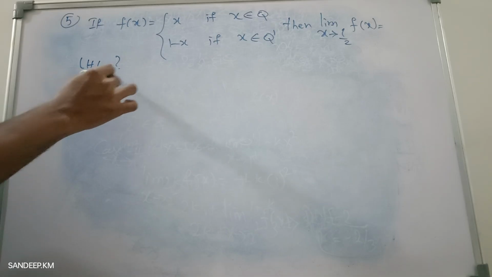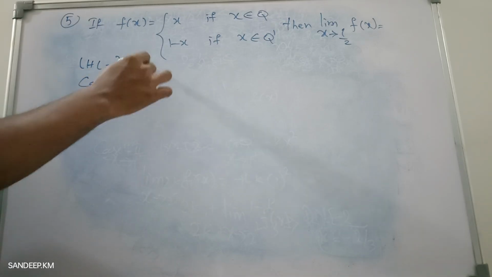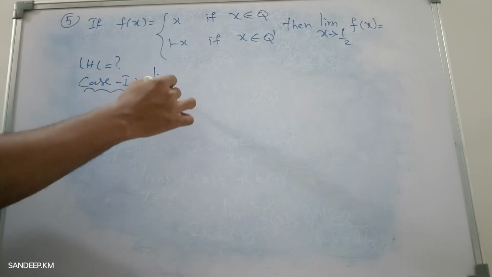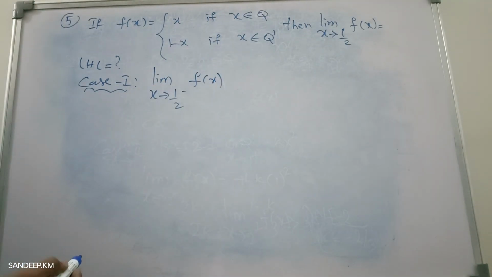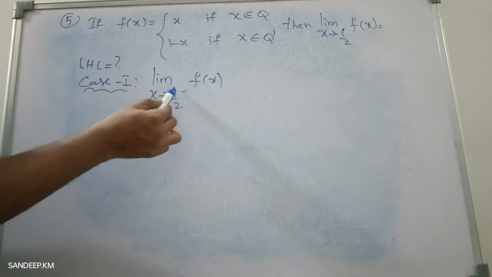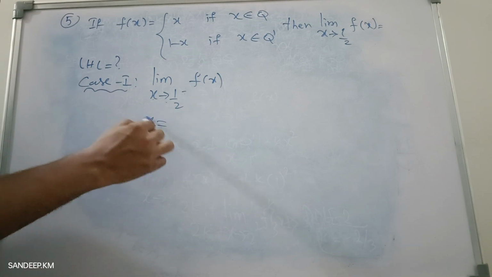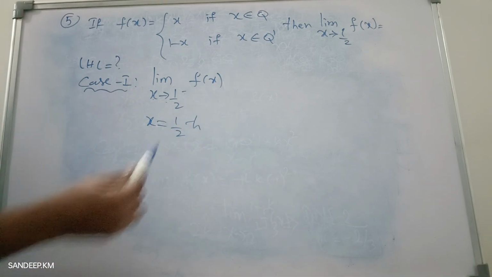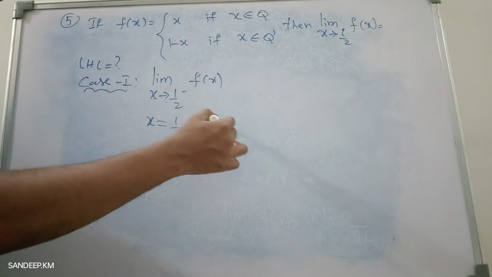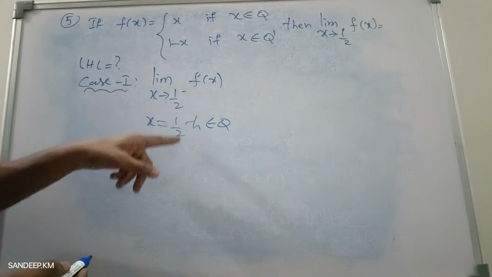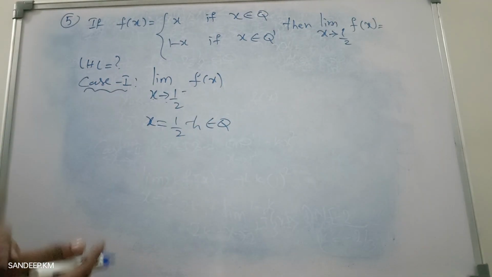Now in case 1, dear students, limit x approaches 1 by 2 minus f of x. In case 1, x is approaching 1 by 2 minus, which means x is equal to 1 by 2 minus h, 1 by 2 minus something. Let that number be a rational number. 1 by 2 minus h is what number? Rational number.